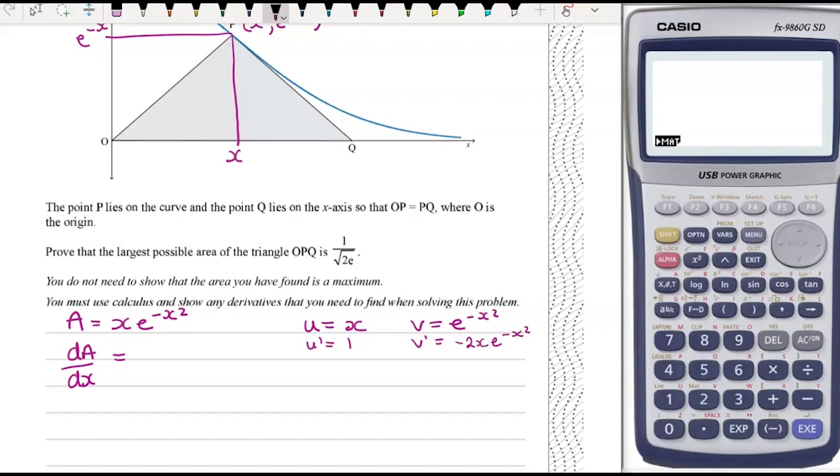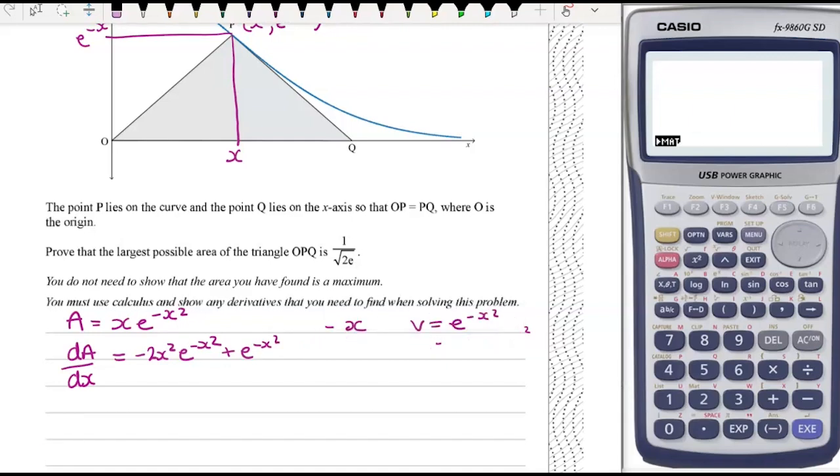Okay, so product rule says we're going to do u times dv by dx plus v times du by dx. So we will have minus 2x squared e to the minus x squared plus e to the minus x squared.